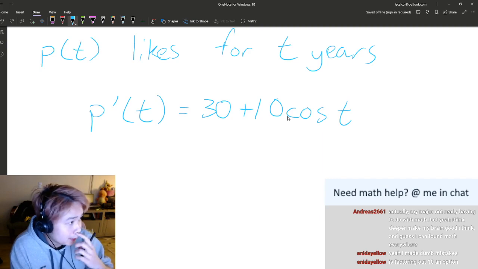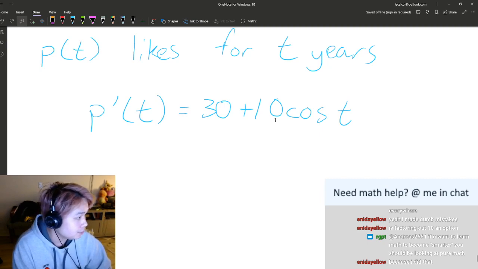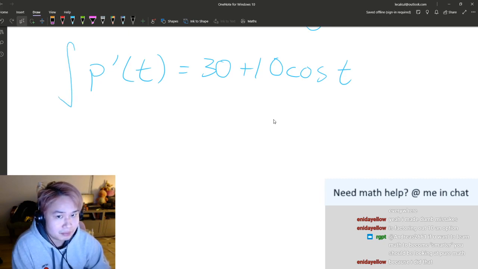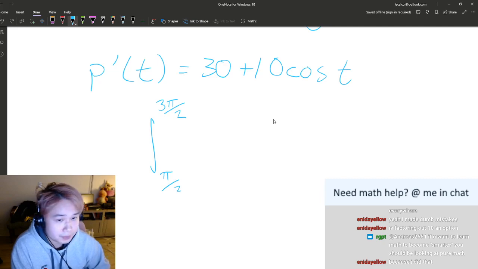Is factoring out 10 an option? It is, but I don't know if it's necessary. So basically, you need to find out the number of likes, so you're going to integrate this. Your starting point is pi over 2 years, and you're integrating from pi over 2 to 3 pi over 2.